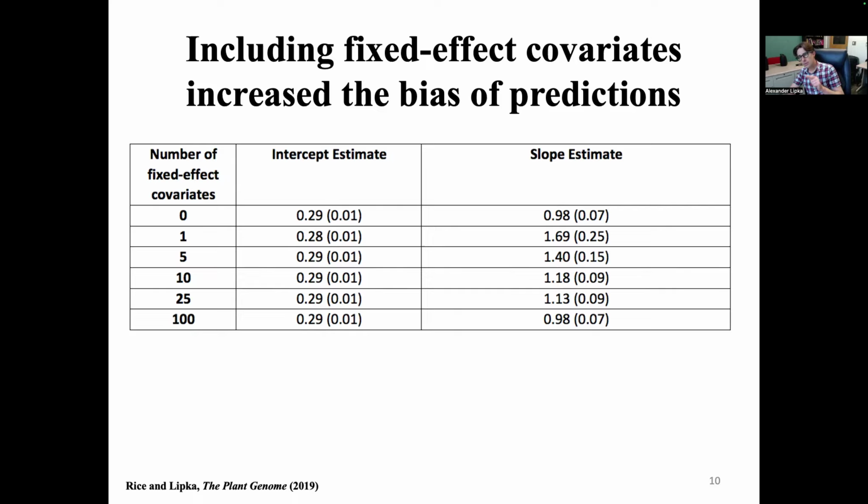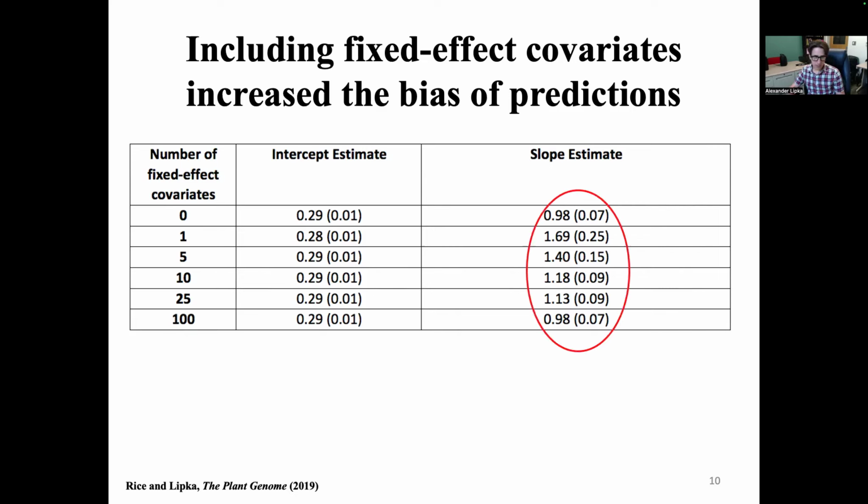If your genomic prediction model is behaving correctly and not producing a lot of bias, I would expect to see my ordinary least squares estimate of my intercept to be around 0, and my ordinary least squares estimate of my slope to be around 1.